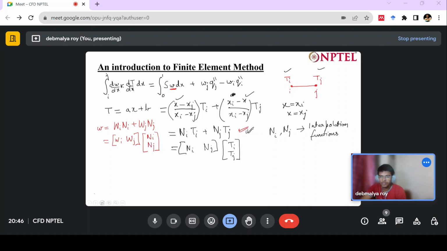Now, if we write this as matrix N, being Ni Nj, and this as matrix T, then I can write this as W transpose N transpose. Why transpose? Just to keep N consistent. N here was in the horizontal direction, N there was vertical, so I just replaced it.